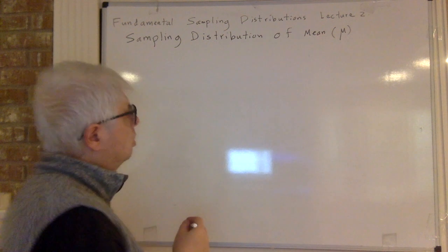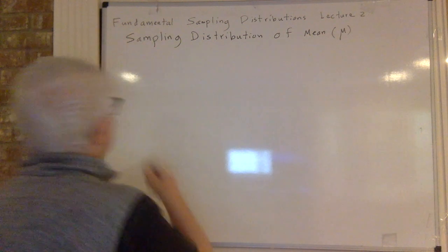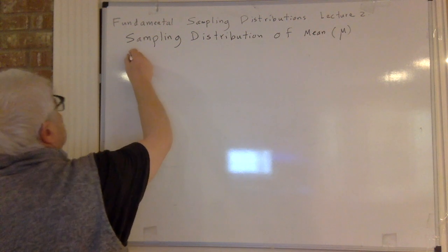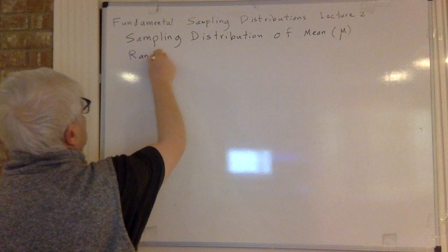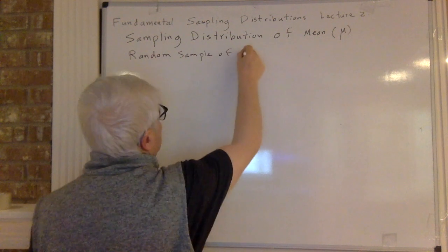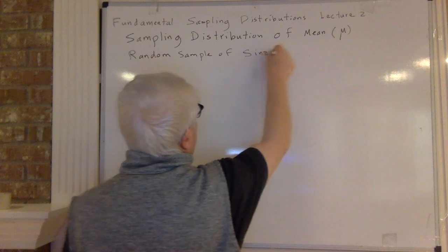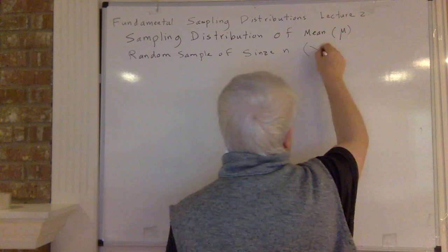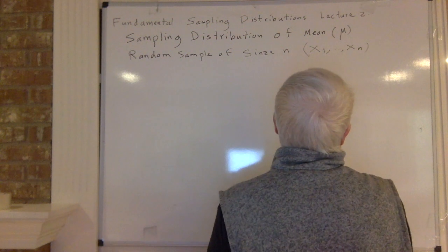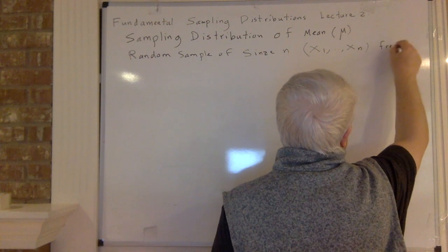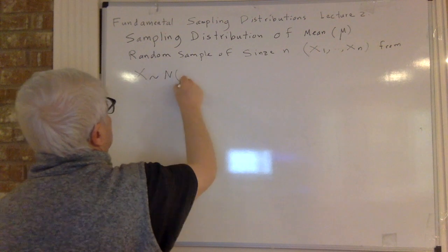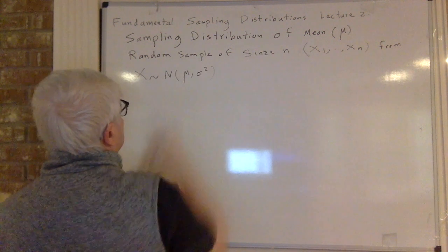Okay, so let's see, we have a random sample of size n from X, which is N(mu, sigma squared).